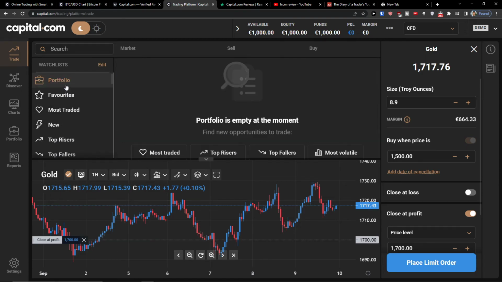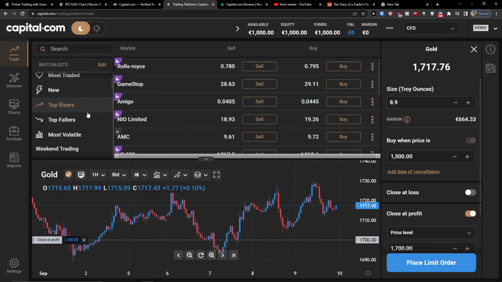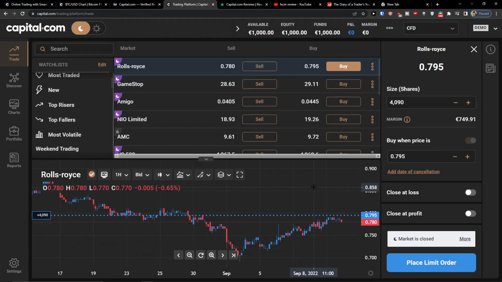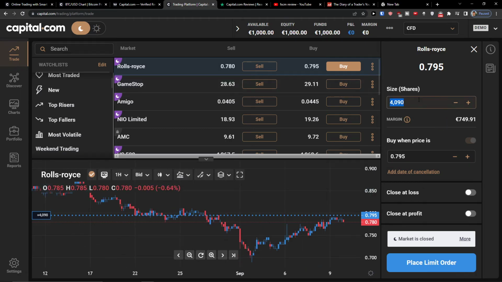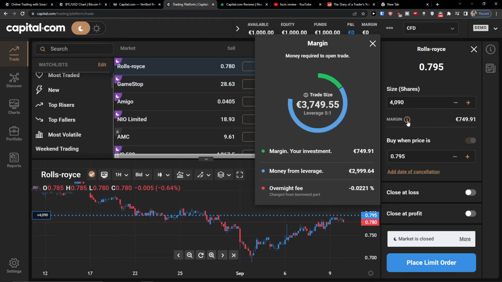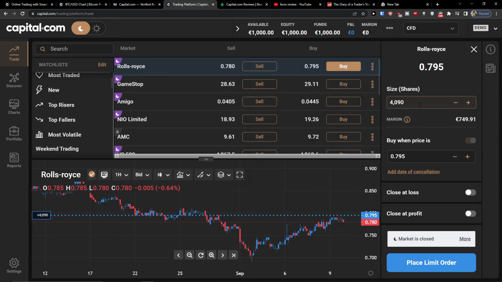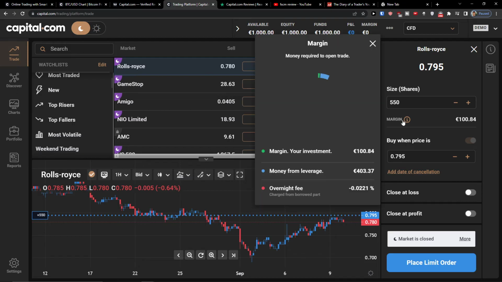So even when I would go here to, let's say, Rolls-Royce, and look at the margin here, again 5 to 1. And let's say I'm going to buy 550. So 5 to 1 for 100.